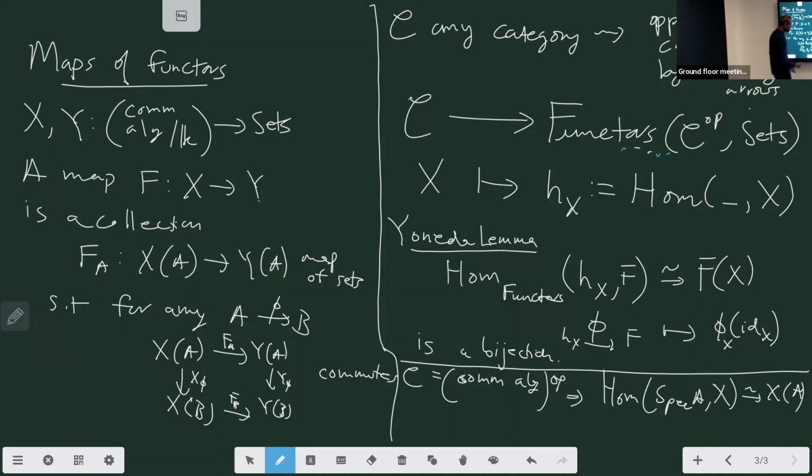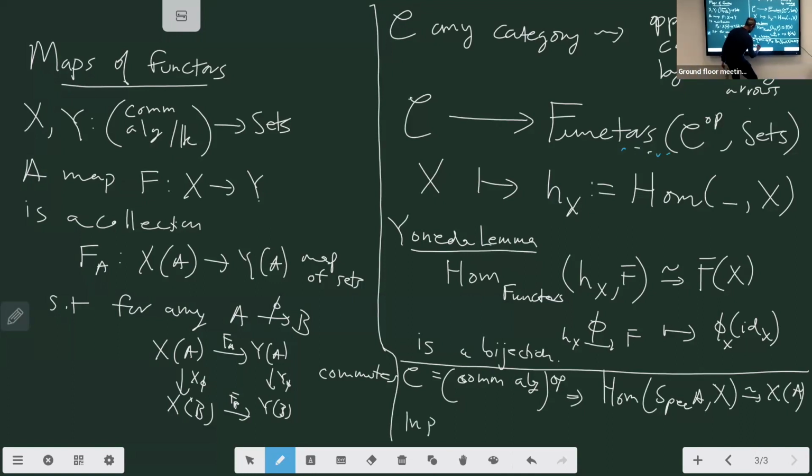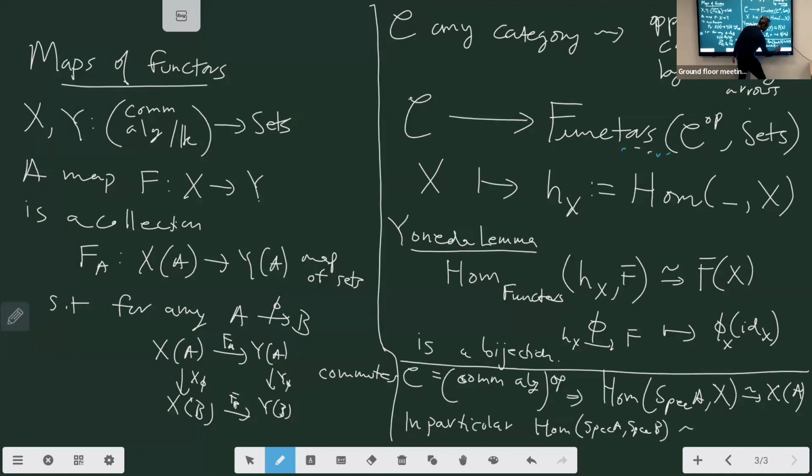In particular, Hom from spec A to spec B is just isomorphic to Hom of algebras from B to A.